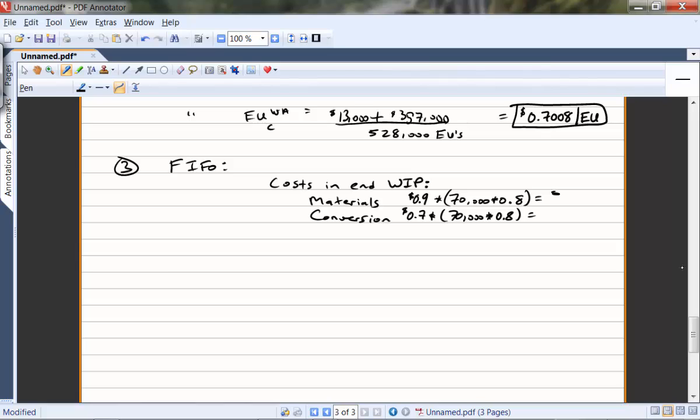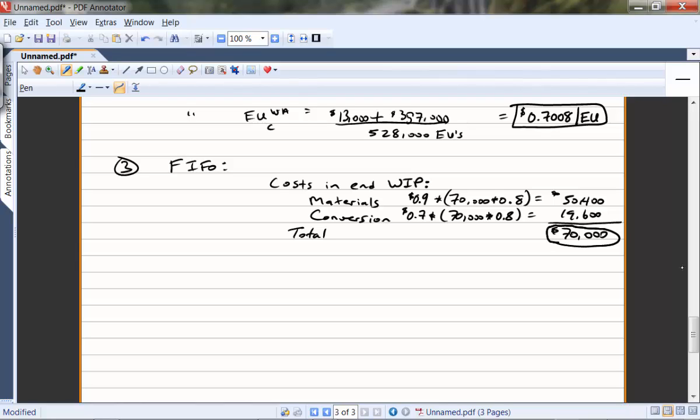So here are the costs sitting there at the end for materials and for conversion. And then we can get a total. And so this is 50,400, and this is 19,600, and the total is 70,000.